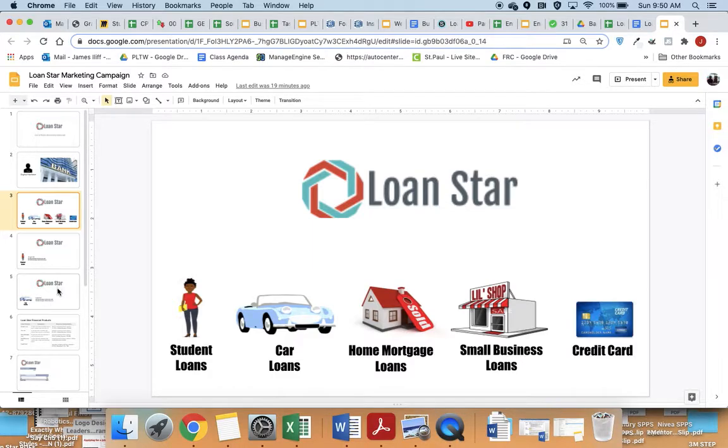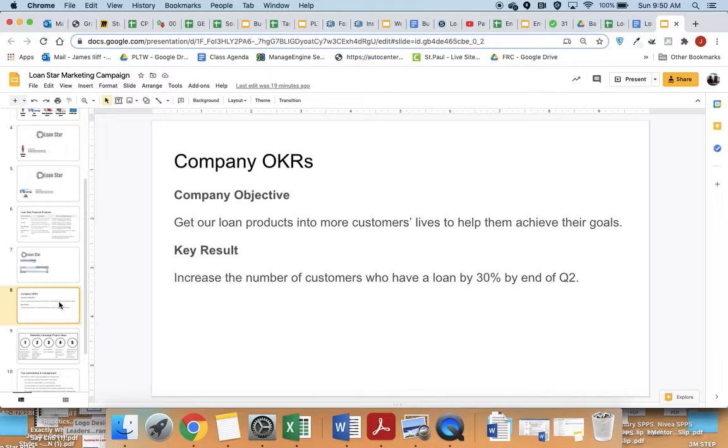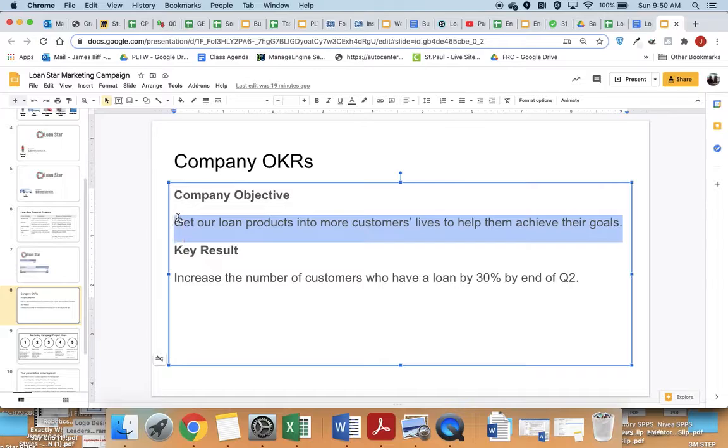Now, you as a digital marketer have been given a goal. So the company set a goal. The company's goal is to get our loan products into more customers' lives to help them achieve their goals. I love that goal. It's customer focused.